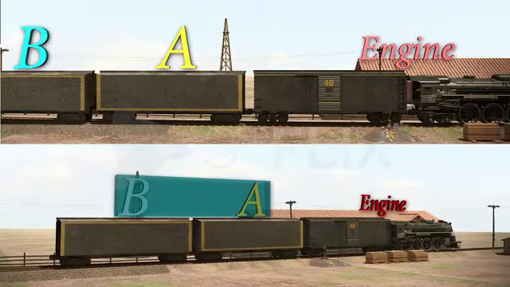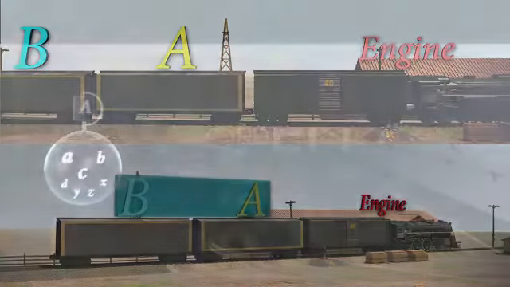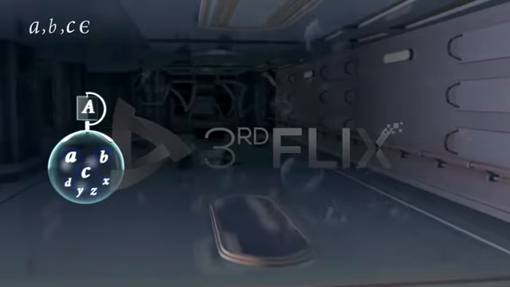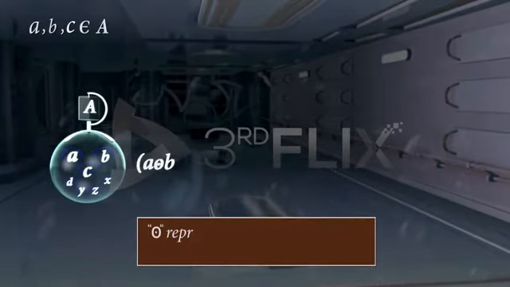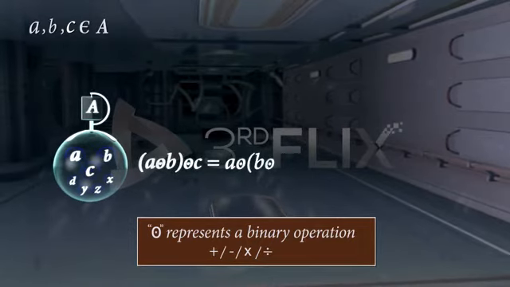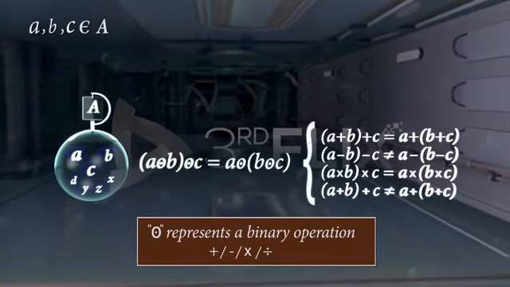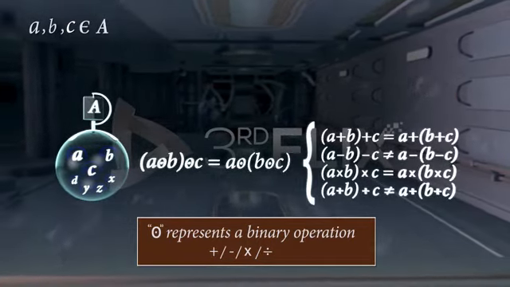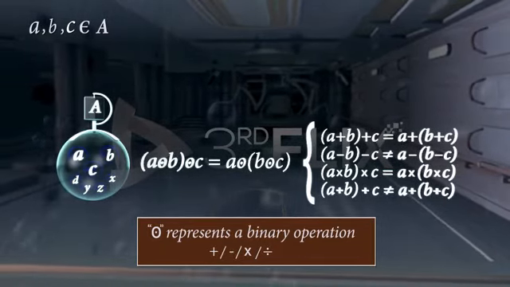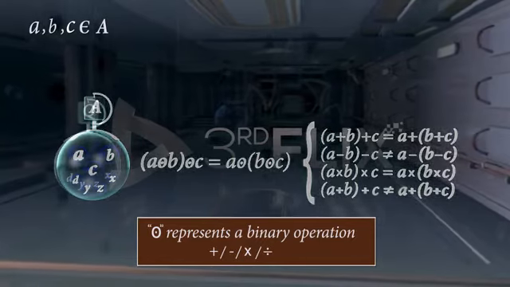Here, we observe that the grouping and order of attachment, the association of components, doesn't make a difference in the final arrangement. If a, b, and c belong to a set A and (a ∘ b) ∘ c is equal to a ∘ (b ∘ c), where ∘ is a binary operation, then set A is said to be associative under operation ∘.